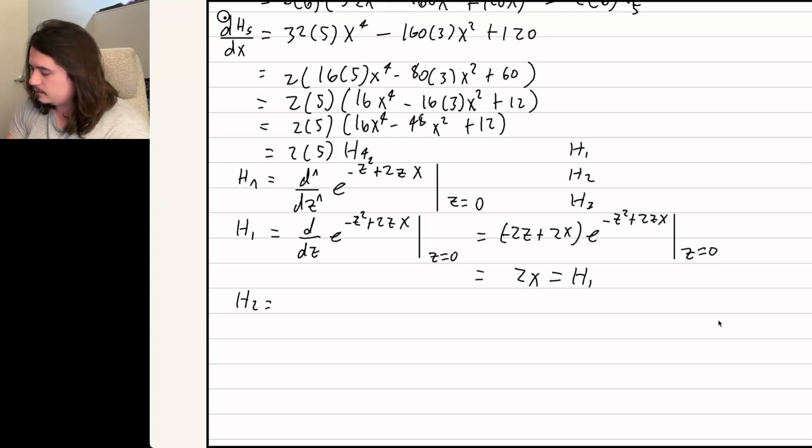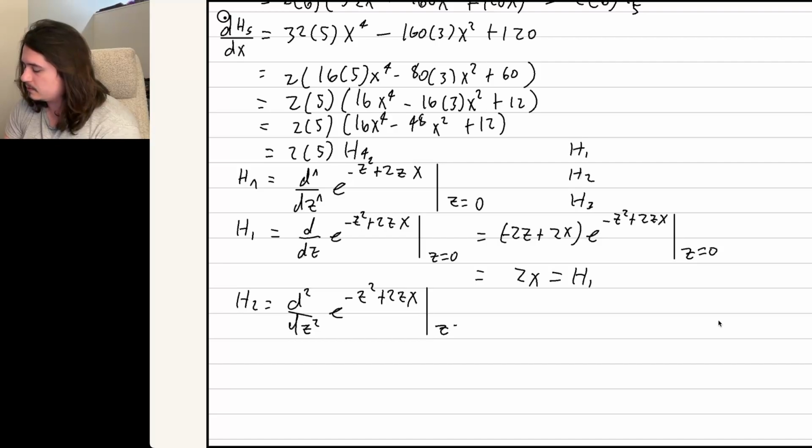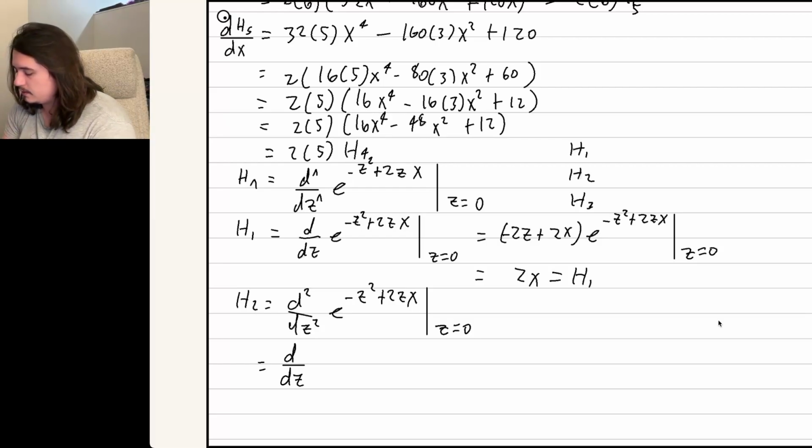h2 then will be the second derivative of the generating function with respect to z, evaluated at z equal to 0. So it's going to be the first derivative with respect to z of minus 2z plus 2x times e to the minus z squared plus 2zx, evaluated at z equal to 0.